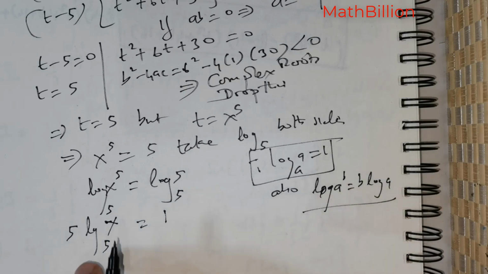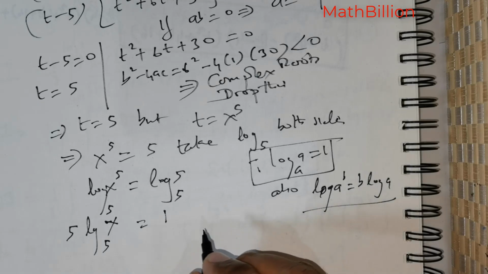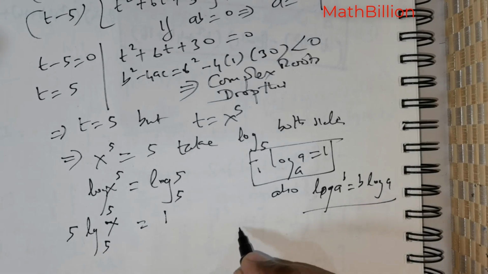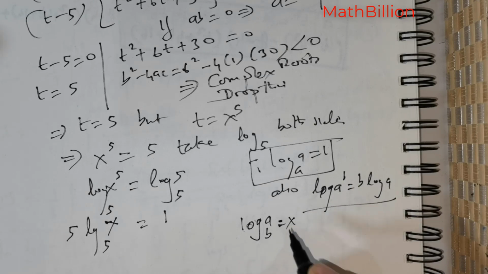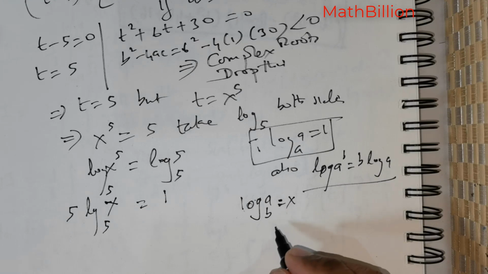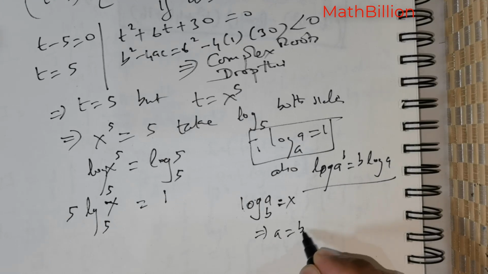Now we need to get the value of x. So I think we can obtain the value of x in the following fashion. If you have this equation, say log a to the base b is equal to x, and you want to evaluate a, then this would mean a is equal to b^x.